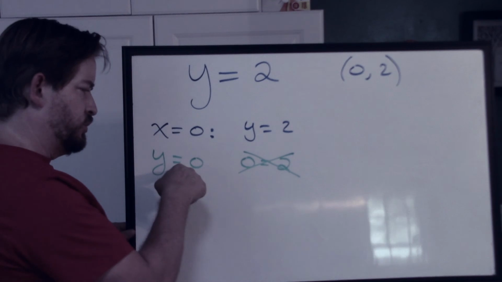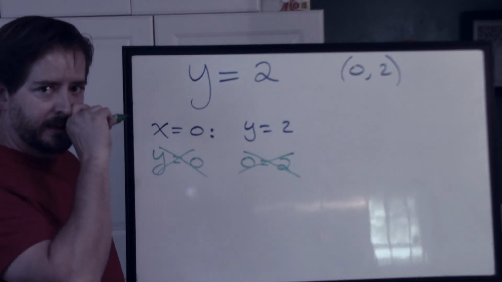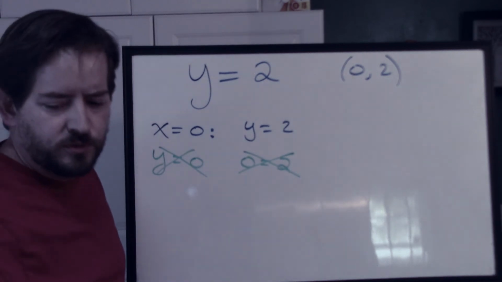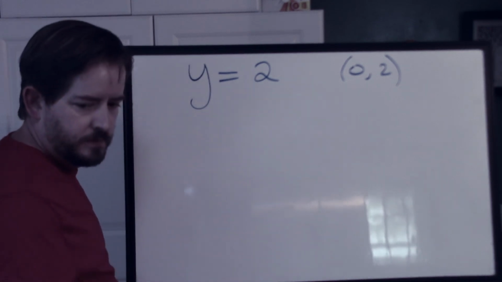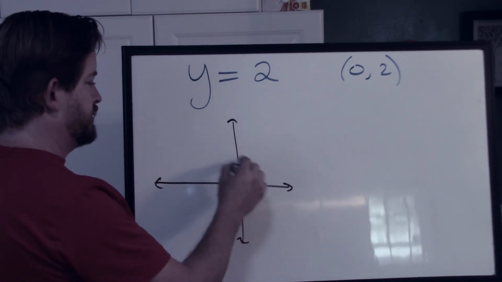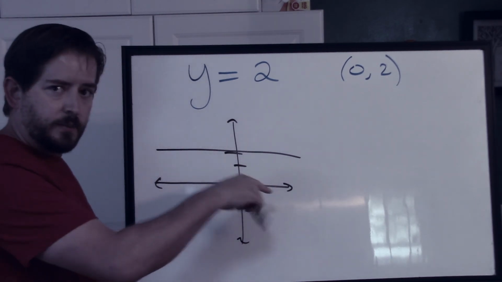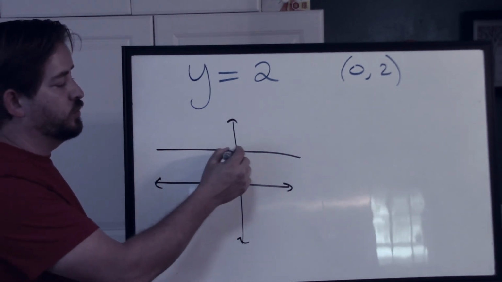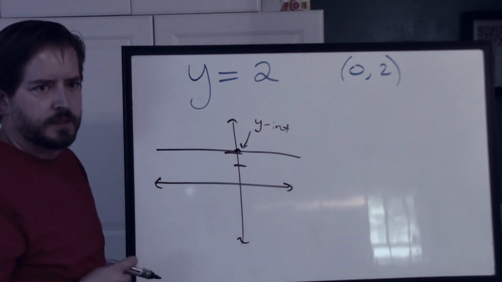So y is never allowed to be 0, which tells us there is no x-intercept. But we've seen this before. Y equals 2 is just a horizontal line that goes through 2. There is no x-intercept because it's parallel to the x-axis, so it'll never cross. It only has one intercept, the y-intercept, and it just happens to be at 2, because it's 2 everywhere.